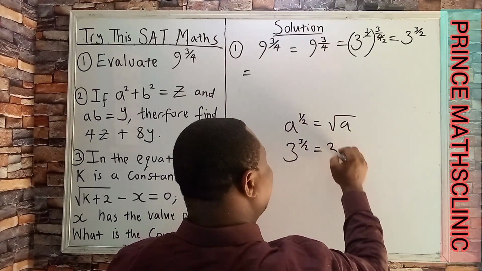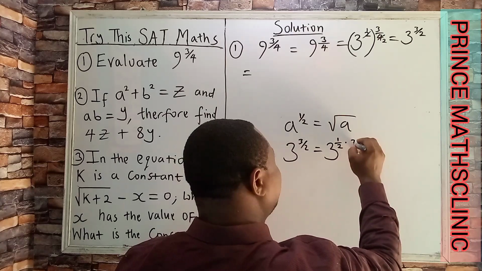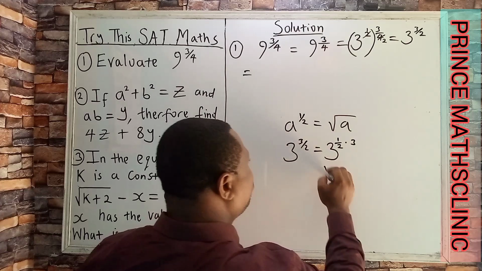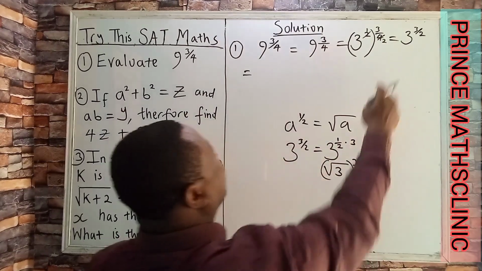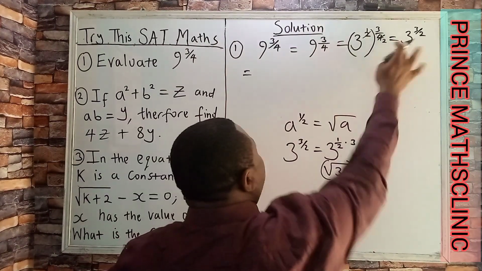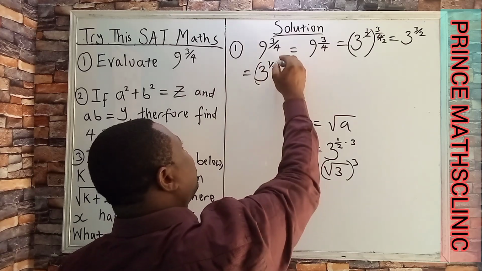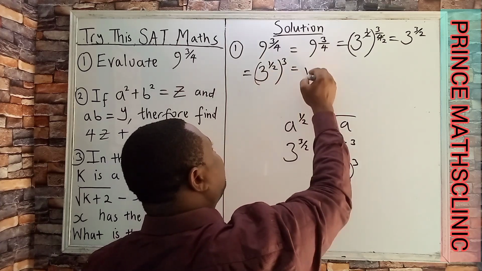It can be broken down as 3 to the power of 1 over 2 times 3. So what does 3 raised to the power half mean? It's just like this, which will become square root of 3, then cube. That's exactly what I'm going to do here. So instead of writing this, I can write 3 to the power of half, raised to the power of 3, which means that this becomes what?